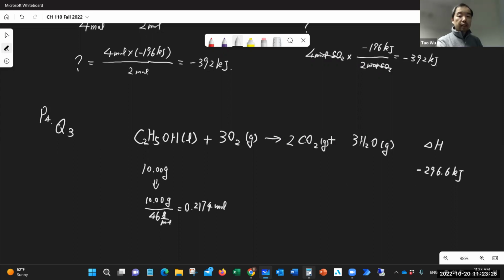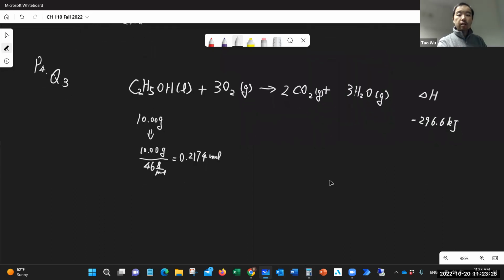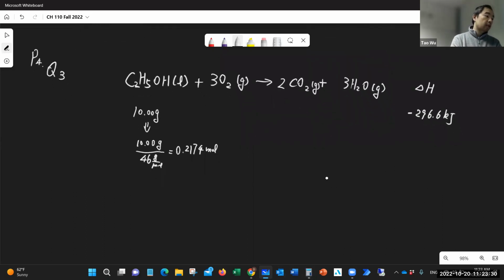And then let's look at what the question is asking for. The question is asking for the enthalpy of combustion, the molar enthalpy of combustion. So we haven't talked about this. Molar enthalpy of combustion means if we have 1 mole of the ethanol, how much heat it can produce.